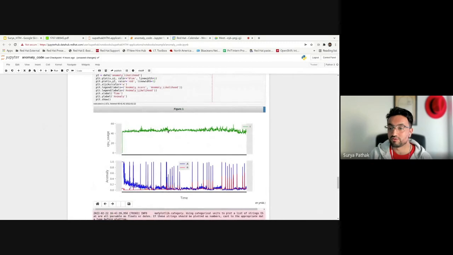This is the CPU usage values all over, and the corresponding anomaly score is given by blue points, which shows that there's a huge anomaly in the points, but it is not the actual detector of anomaly. The actual detector of the anomaly is the anomaly likelihood given by the red, and we do see some anomaly in the curve.